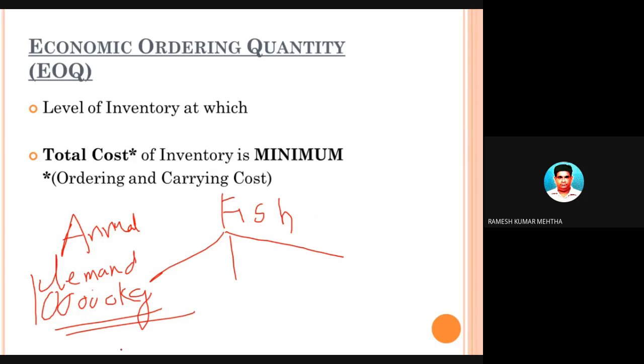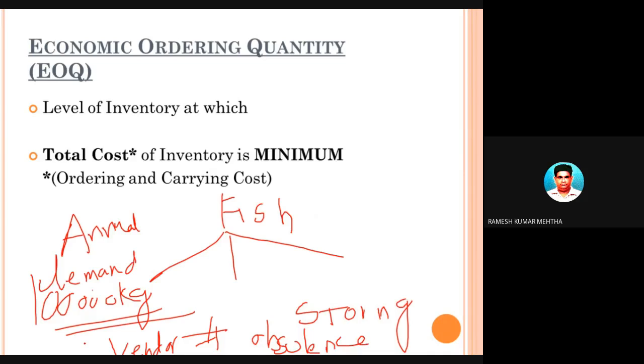Will he purchase 1 lakh kilos from the vendor? It is wrong because he can't store it, because there are risks like storing cost, inventory carrying cost, inventory holding cost, inventory ordering cost, and obsolescence is also there, and even there is an element of damage or deterioration in quality. Will he give a 1 kilo order every day? It is also wrong. So he should be in between these two extreme figures.